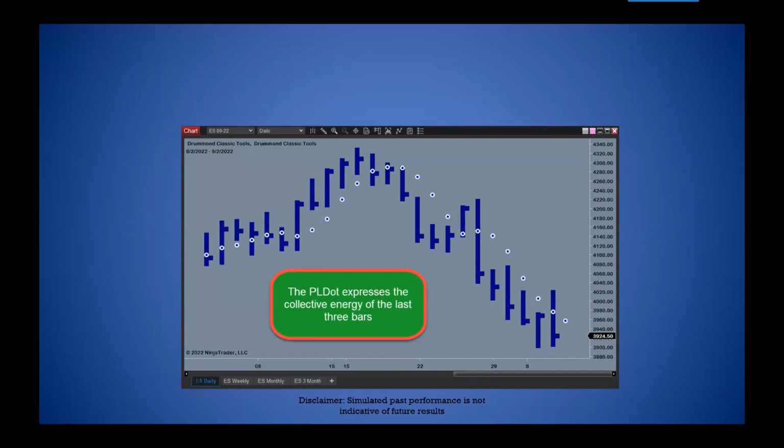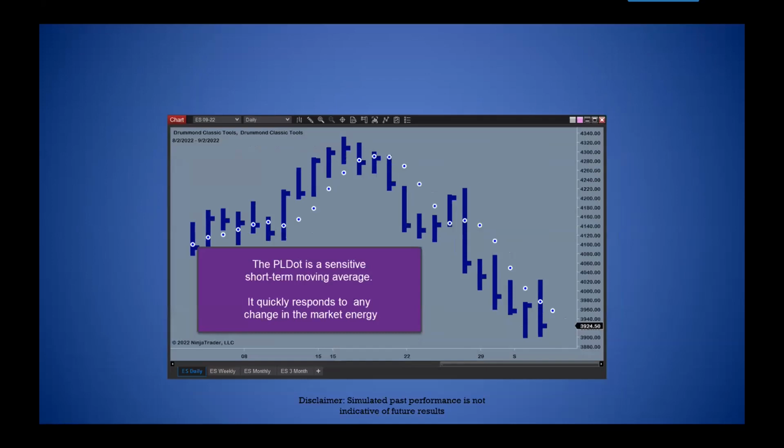It's people taking action in the markets with capital, and that's a form of energy. It expresses the collective energy of 3 bars. So it's a short-term, 3-period moving average that collects the energy of all those 3 bars. It's a sensitive short-term average.